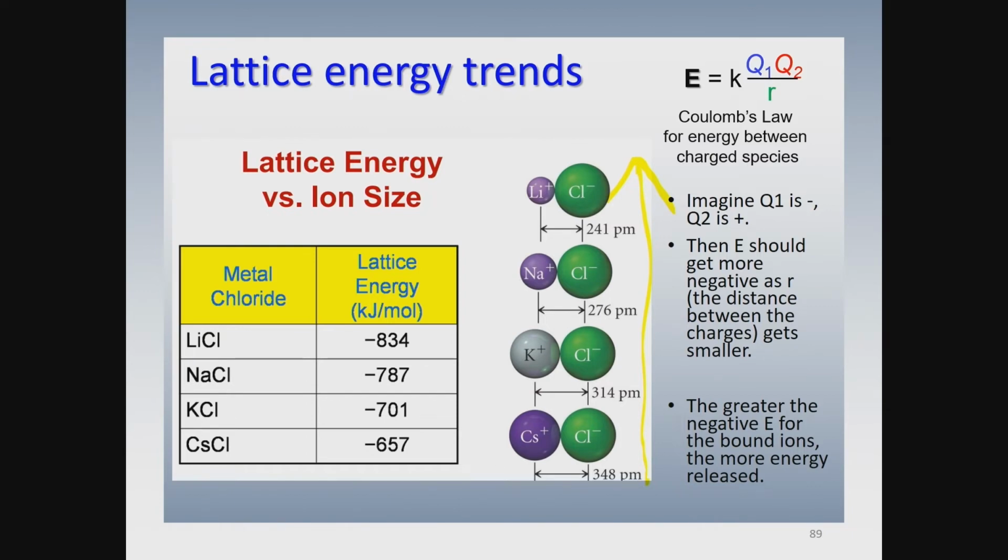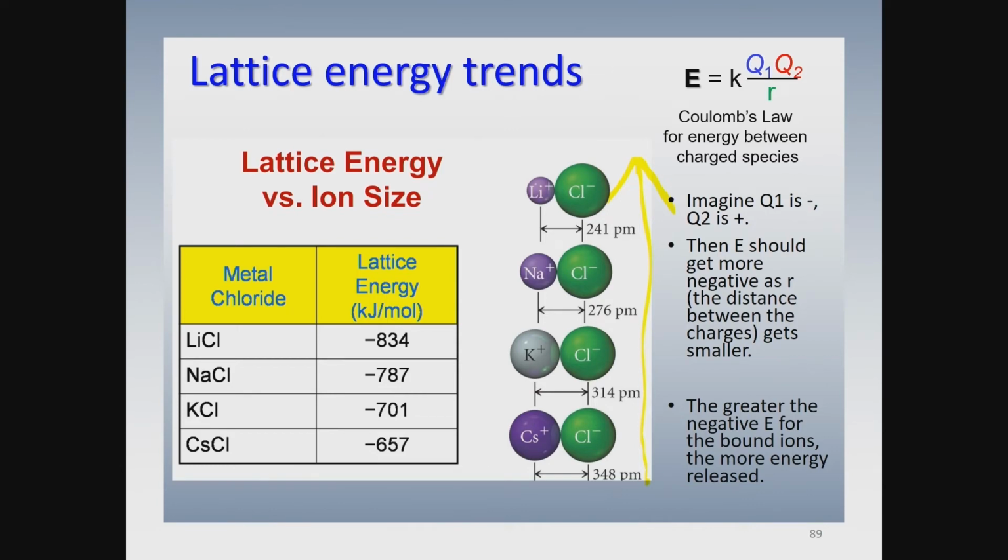Now you can change Coulomb's law a little bit and look at the energy between ions. You can modify it, changing it from force to energy between ions. When you do that, the law you get is E, which is energy, equals the constant K times Q1 times Q2 over R.